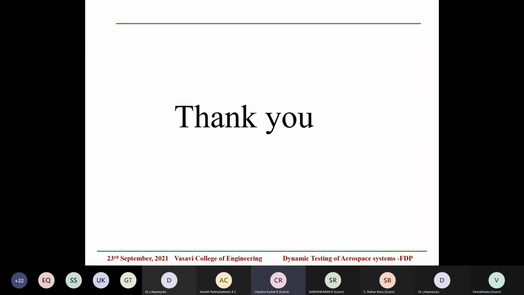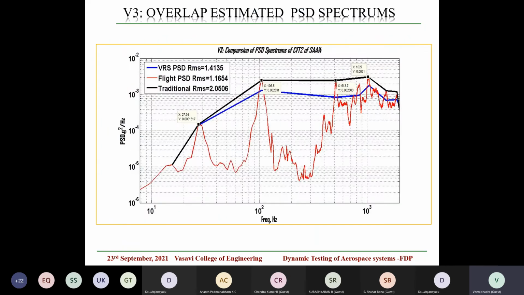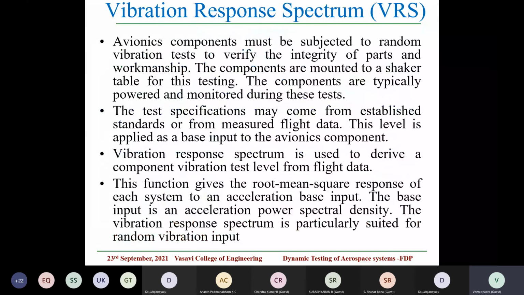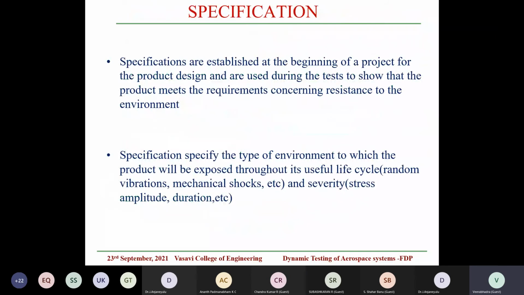Sir, in the transmissibility curve you showed, you are going for the worst case condition during testing, right? Transmissibility, why I showed it was, for example, if you have to use an isolator, you have to use it beyond root 2 times omega n, or 1.414 omega n. For example, our specification may be up to 2000 hertz.